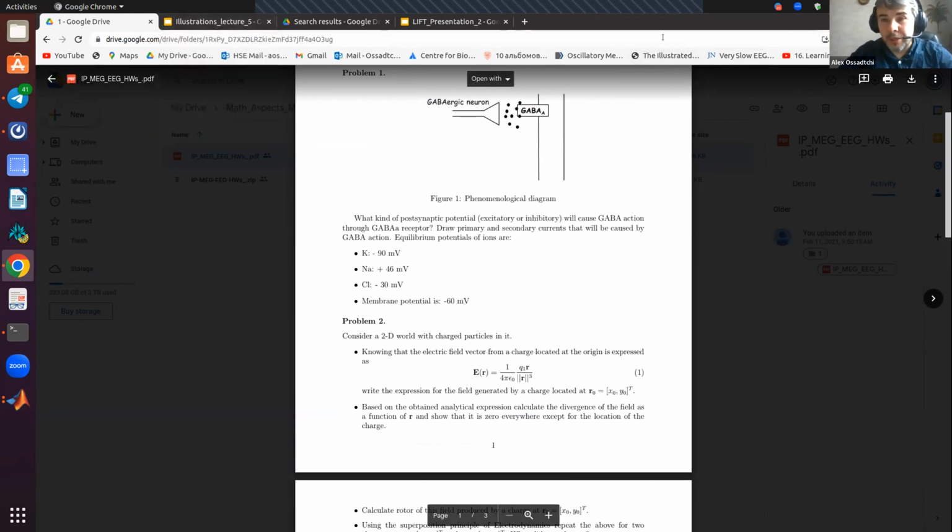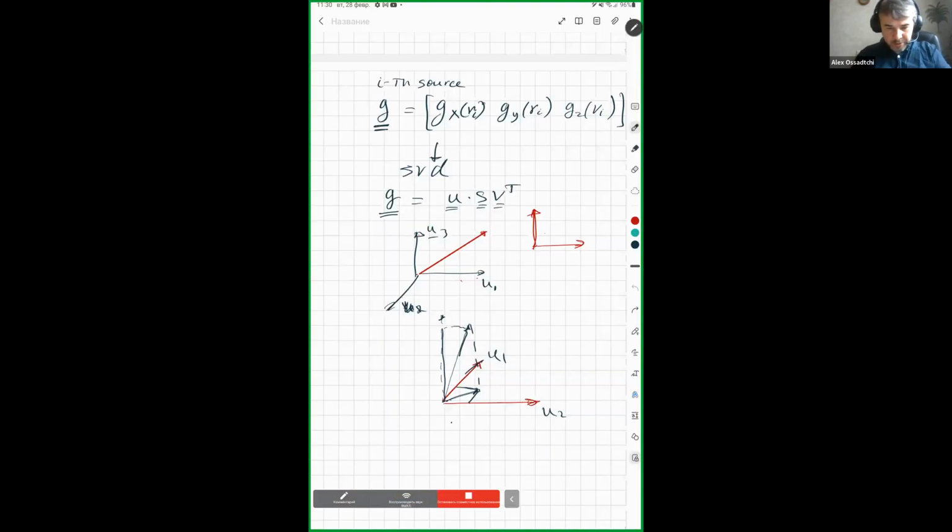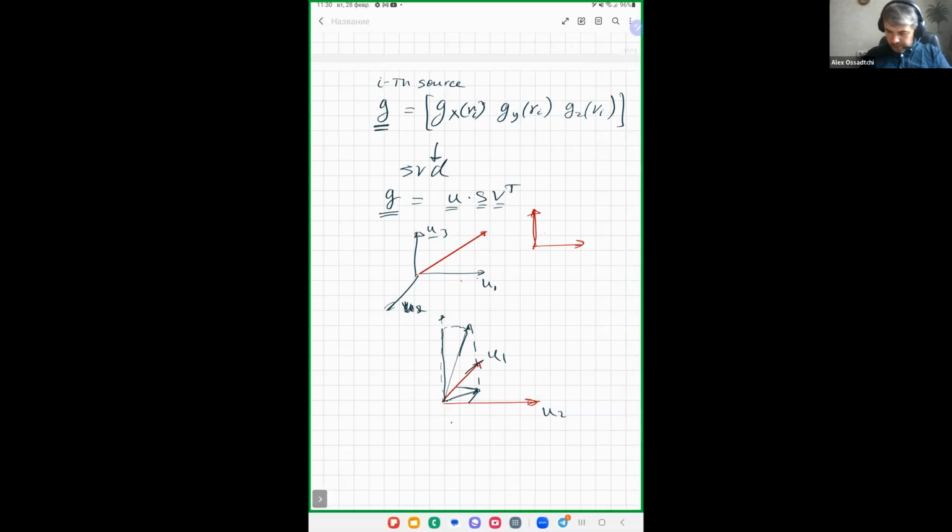Now let me use this beautiful piece of equipment called Samsung Galaxy Tab. And let me try and share. So I need to allow for sharing. No, not this. Multiple participants. All right, now I have to share screen. So let's start a new lecture here.